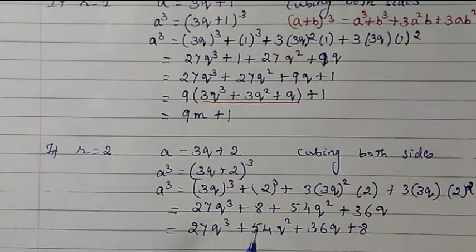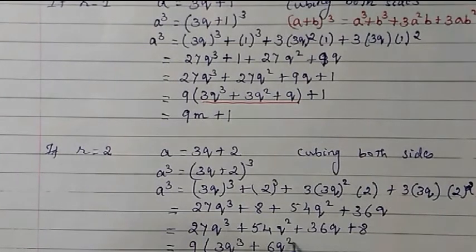Now again we have to bring it to the desired form that is asked of us. These are multiples of 9, so let's take 9 common. Then we'll get 3q cube plus 6q square plus 4q, plus 8.